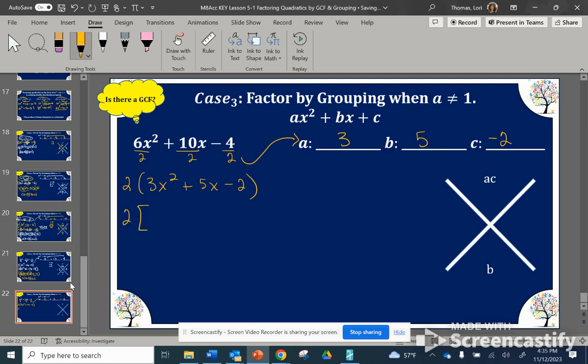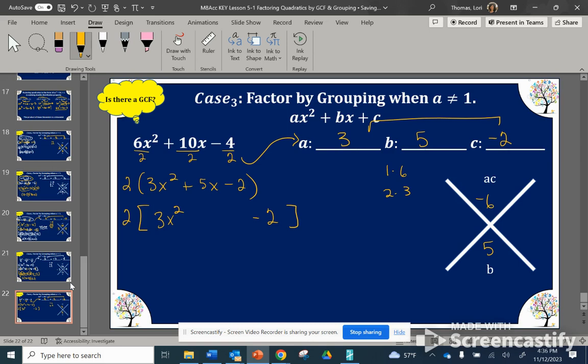We are going to split 5x into 2 terms to give us the 4 terms we need to group. In our graphic organizer, 3 times negative 2, and then our linear coefficient. We have 1 times 6 and 2 times 3. We need to get a positive 5, but a negative 6.